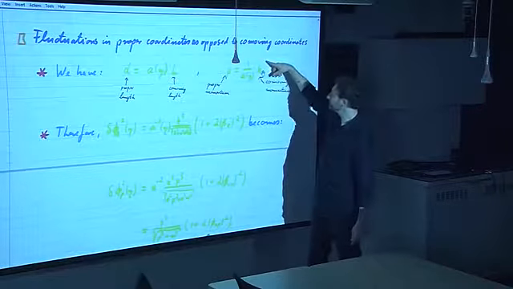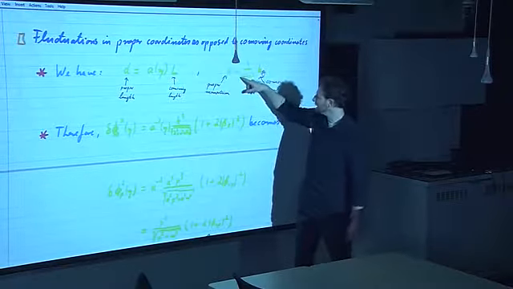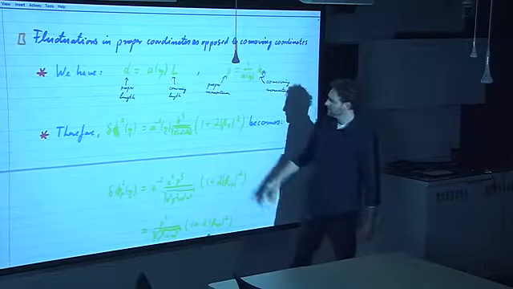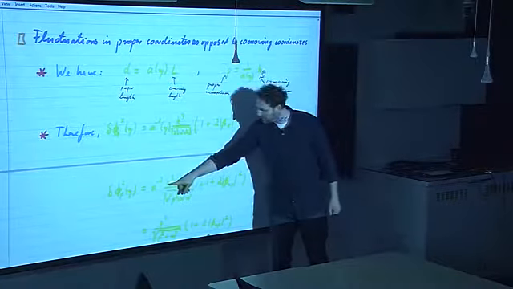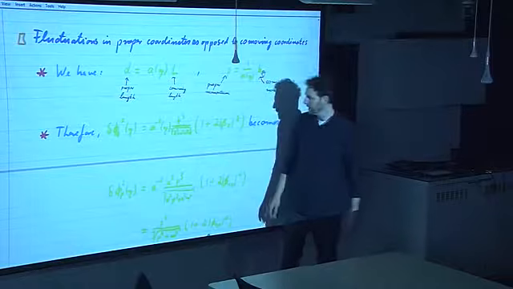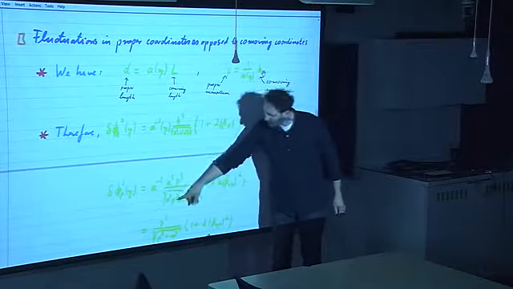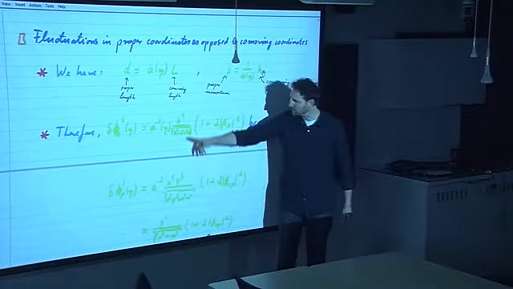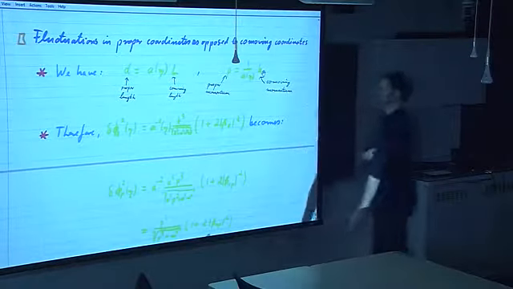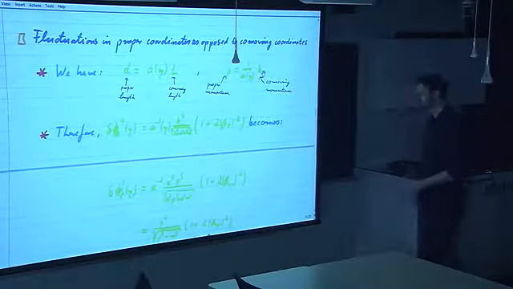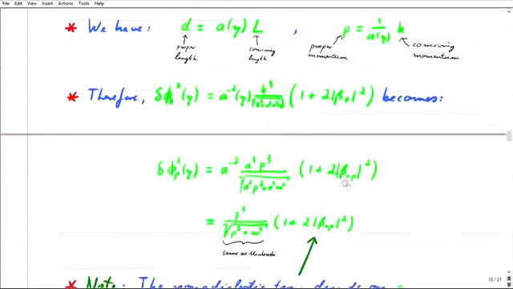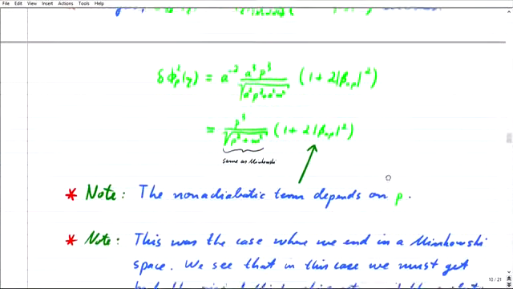So k to the third power becomes a to the third, p to the third. This a squared is carried forward. And down here we have k squared becoming a squared p squared plus a squared m squared. That was there already before.